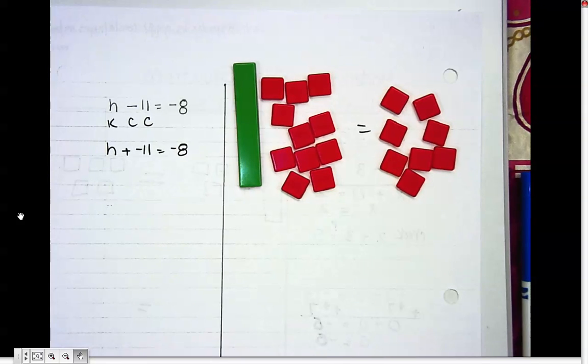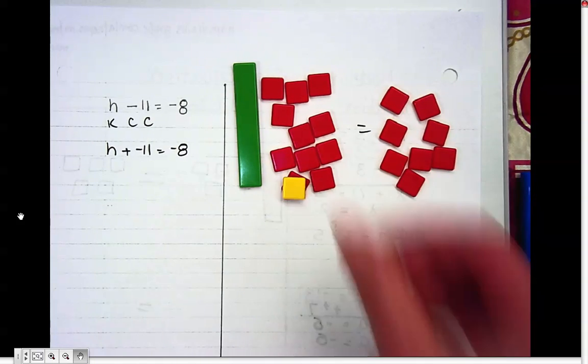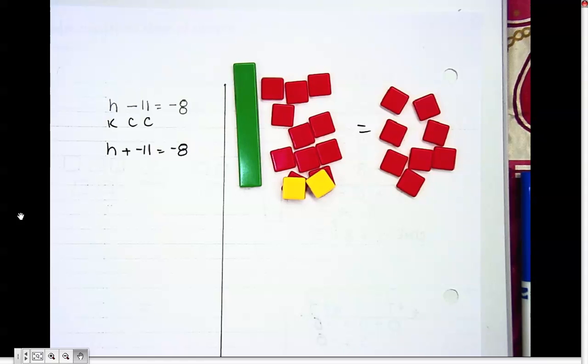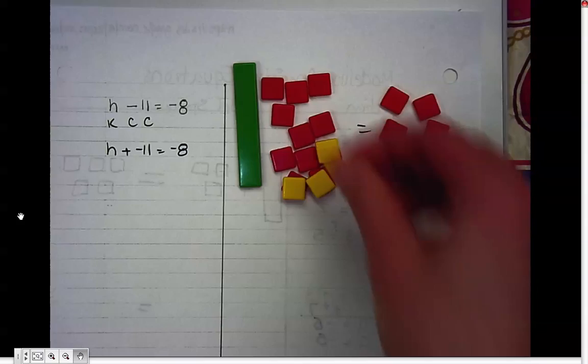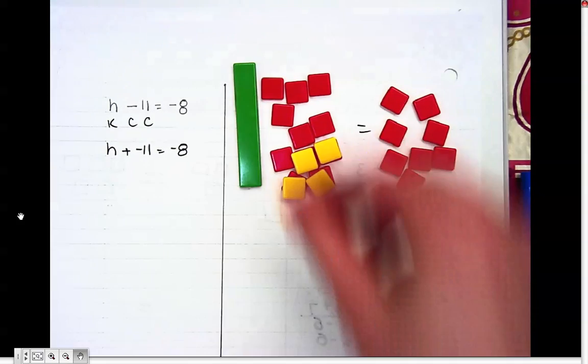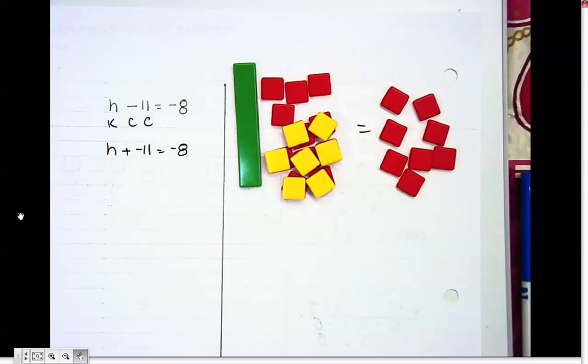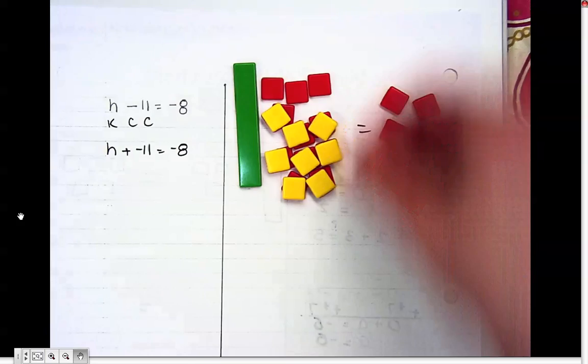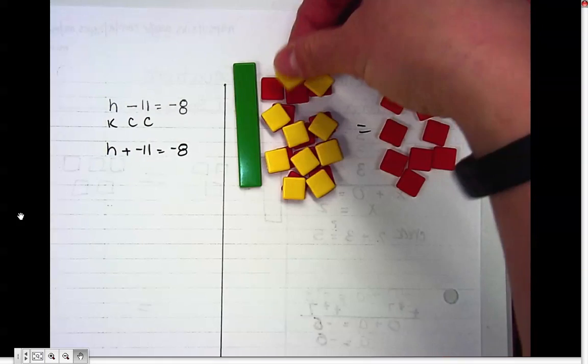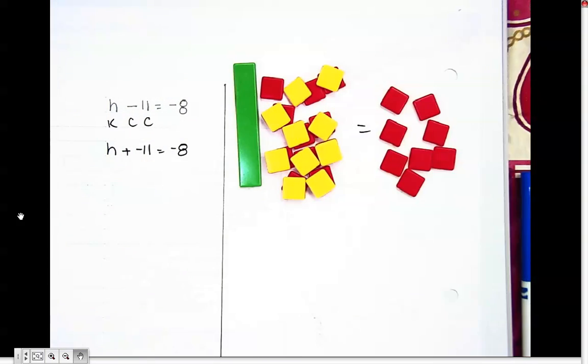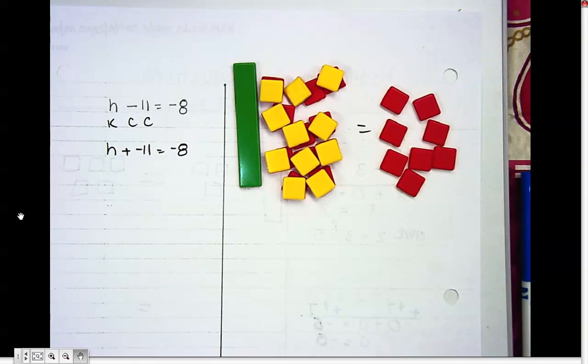Well, I get to 0 by making 11 0 pairs. So I'm going to add on a positive 11 to this side. And then I'm going to add positive 11 to the other side, because what I do to one side of my equation, I have to do the same thing to the other. So I'm going to add on positive 11, and hopefully I have enough pieces. You should have plenty of pieces.